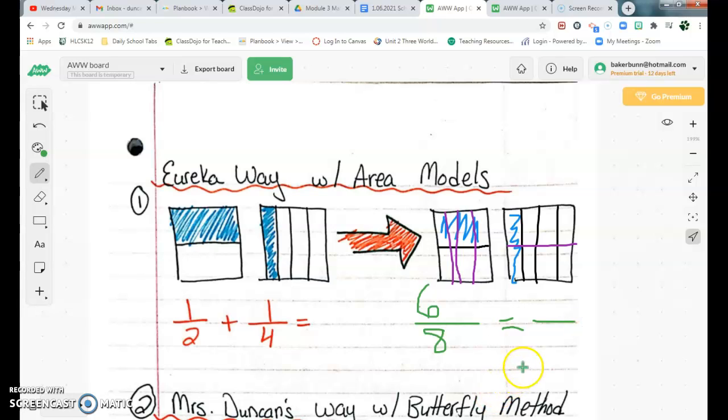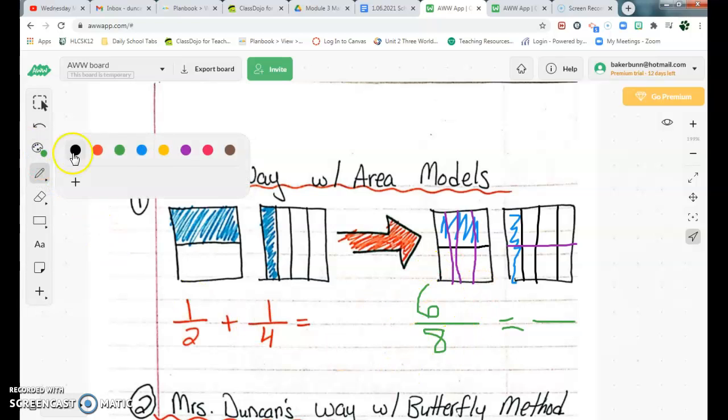Okay. Now this fraction is not in its simplest form. I can reduce that fraction down to a smaller value that's equivalent to it. To do that, I need to see what goes into 6 and what also goes into 8.